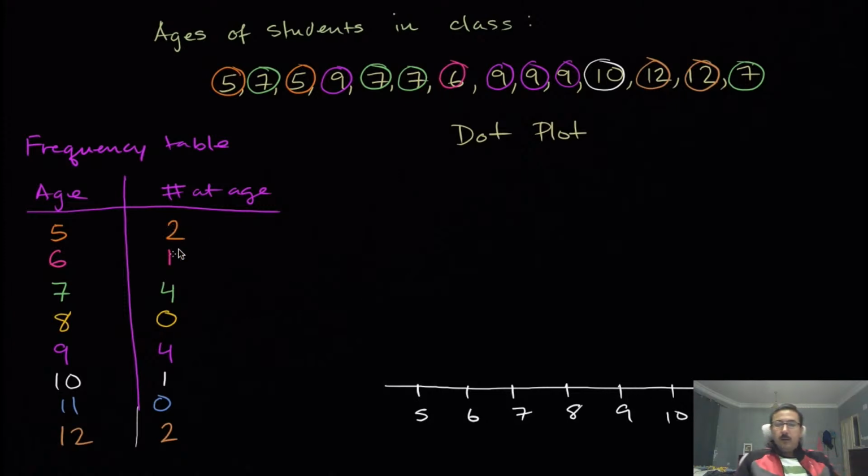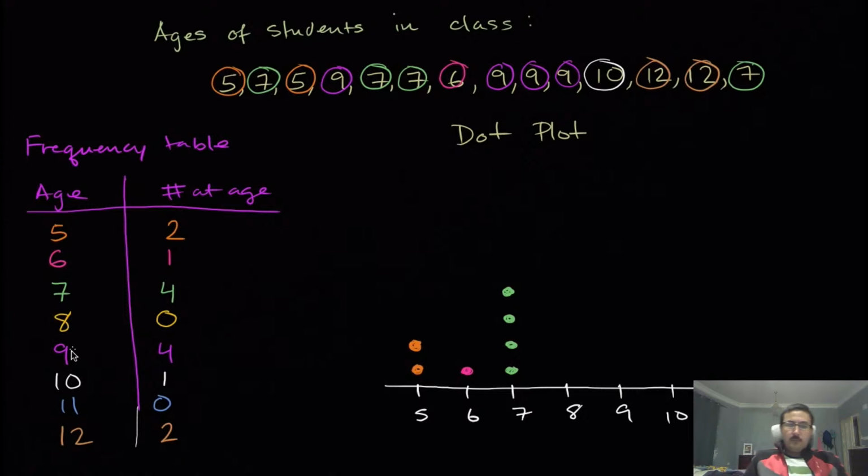And we use a dot for each student at that age. So there's 2 5-year-olds, so I'll do 2 dots. 1 and 2. There's 1 6-year-old, so that's going to be 1 dot right over here. There's 4 7-year-olds, so 1, 2, 3, 4 dots.